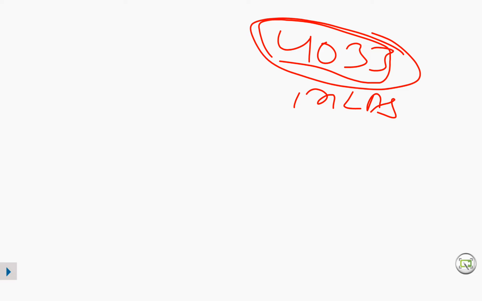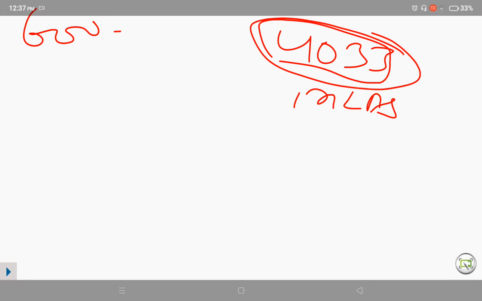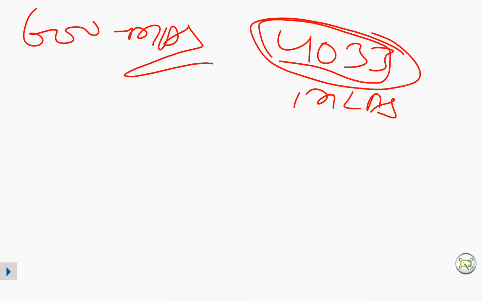More than 125, 130 crores, and only 4033 MLAs. And suppose we can have 500, 600 MPs. It's not the actual amount, but we are just imagining 4033 MLAs and 600 MPs. So will only this much vote, 4600, 4700 votes, go for president?